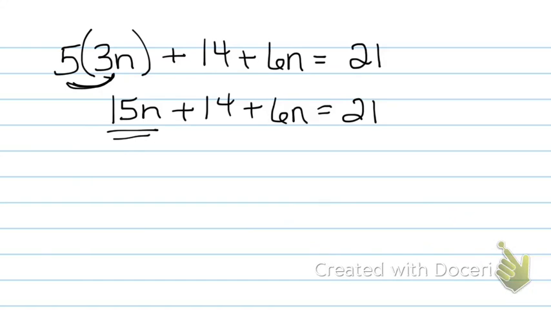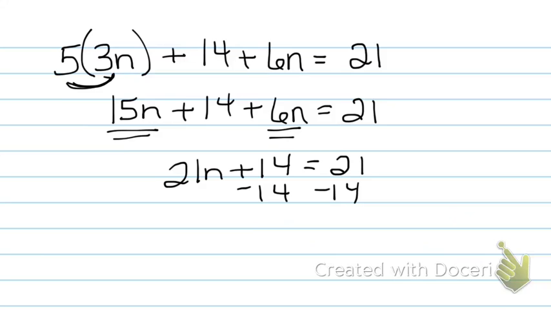Let's combine our like terms. You get 21n, then recopy the plus 14 equals 21. Mother-in-law prevails by subtracting 14 from both sides. You get 21n equals, let's see, 21 take away 14, I think is 7. Oh, I'm glad this one came up.